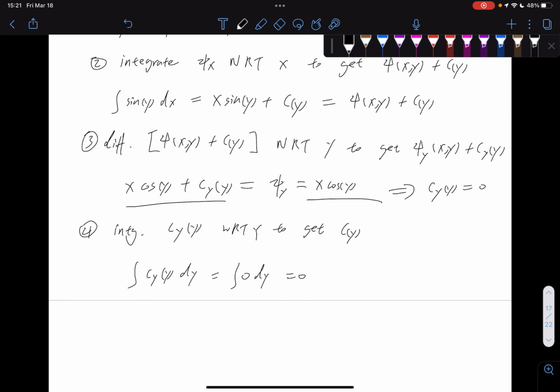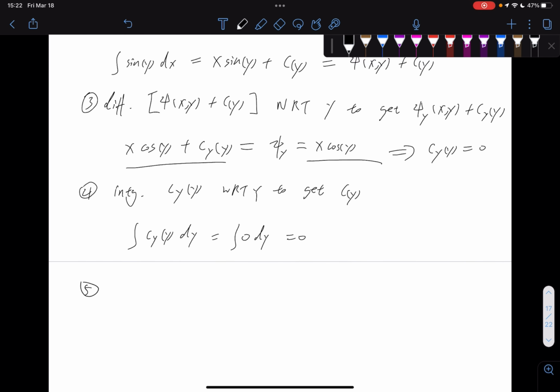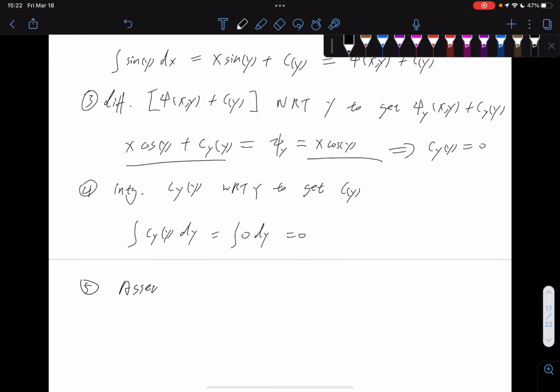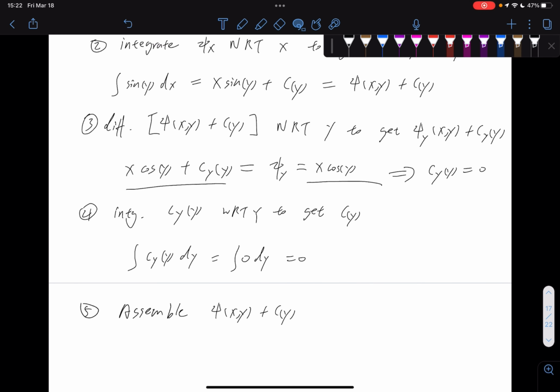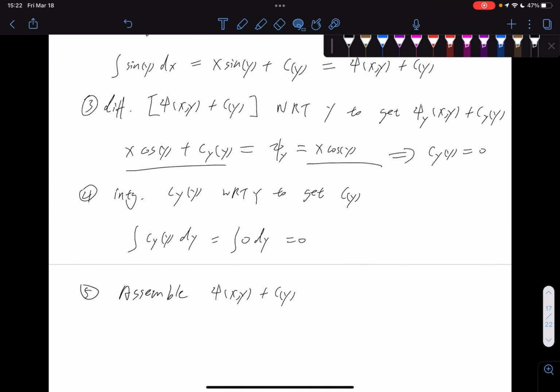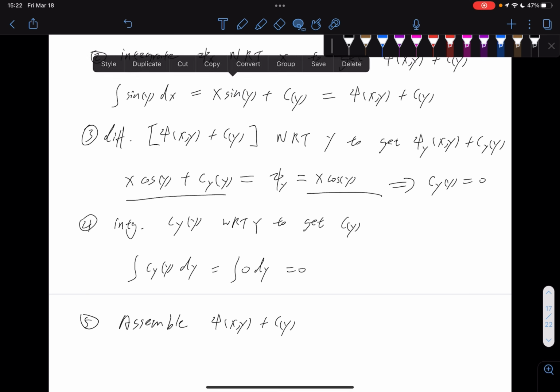So now our final step is to assemble ψ. Our x sine y is already right here.